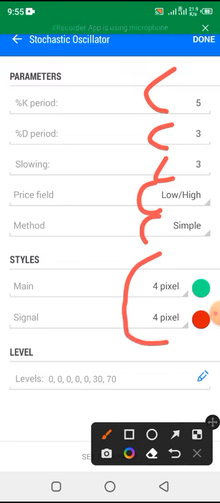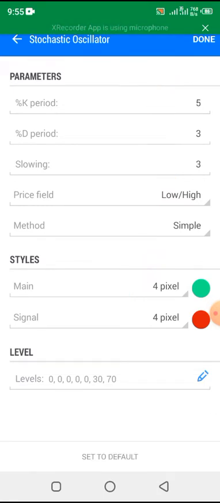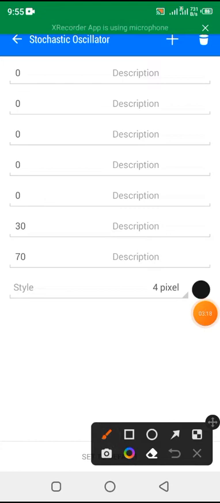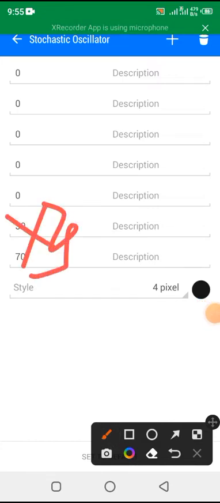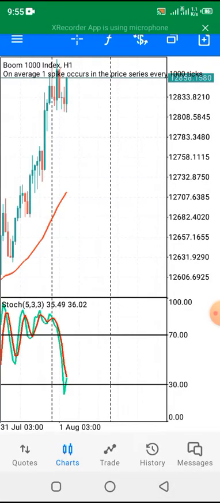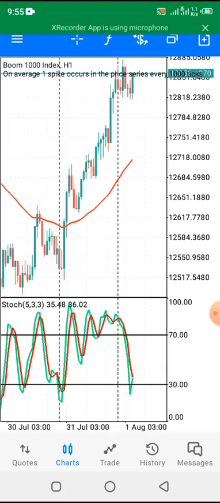Guys, make sure you copy paste this exact thing, screenshot it, paste them the way they are in your charts, right? Also add these levels. You add the 30 and 70, right? I'll show you how these two levels apply to this strategy, right? Okay, and you're done. So this is how your chart should look like, right?